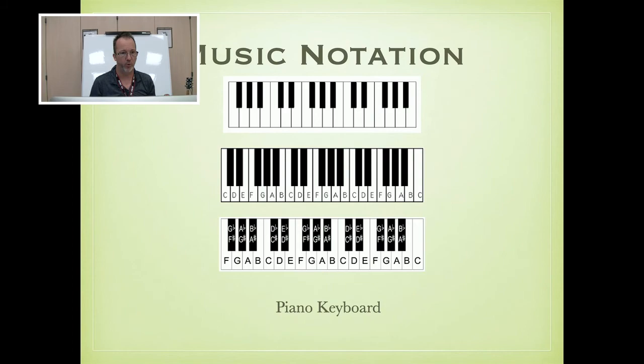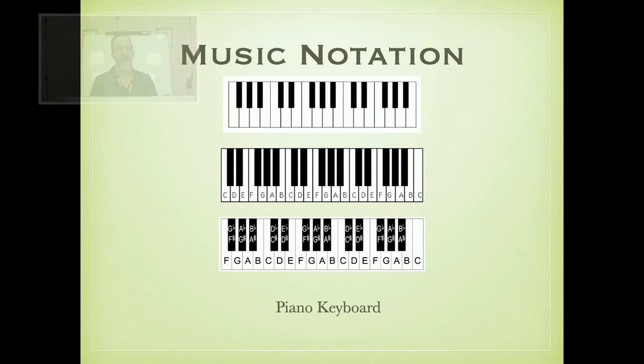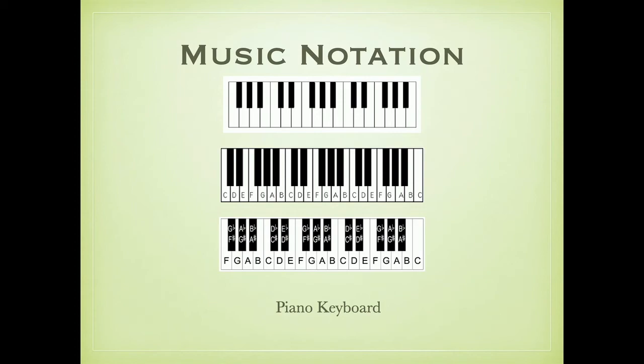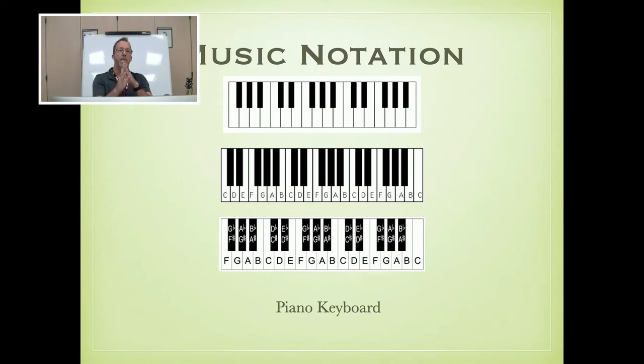And then if you raise that note up a half step with a sharp, that is C sharp. And if you lower the D a half step down to the nearest black note, that's a flat. And when we have a C sharp and a D flat, they're the same sounding pitch. Those are called enharmonics.